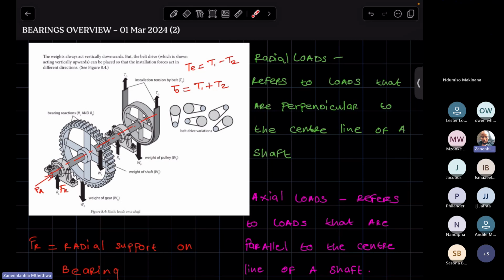In N2 and N3 engineering science, we do cover belt drives. I'm assuming people are aware of what T1 and T2 are. Is that the right assumption to make here, or must I explain what T1 and T2 are?